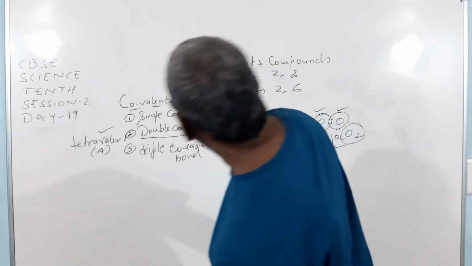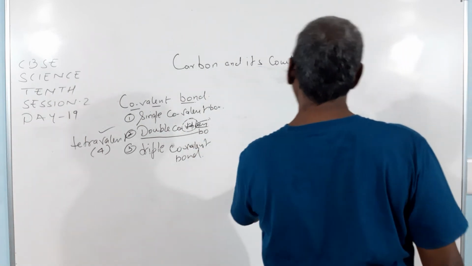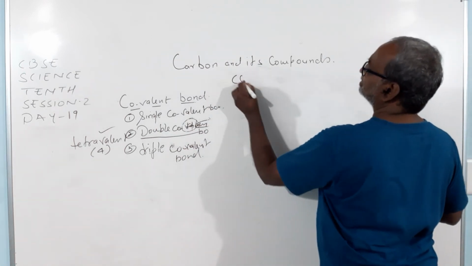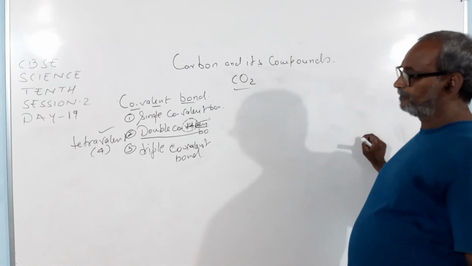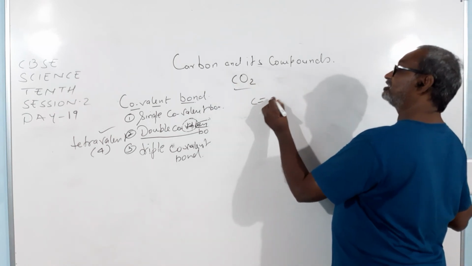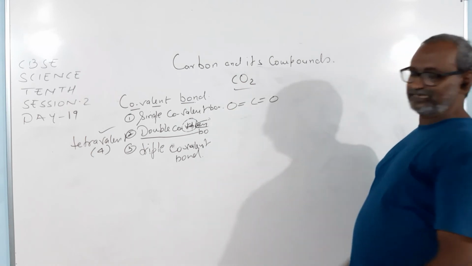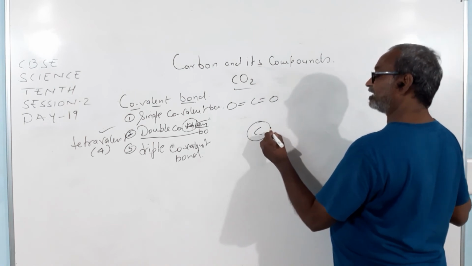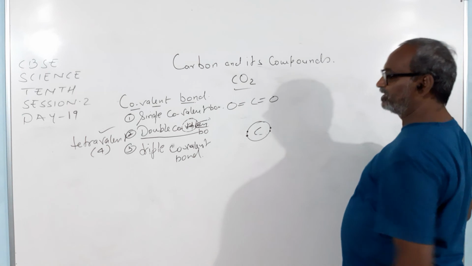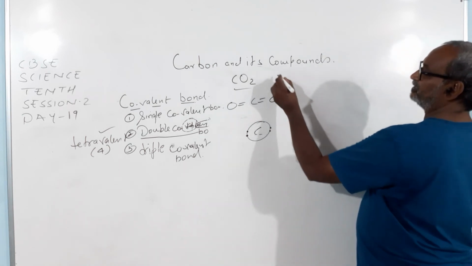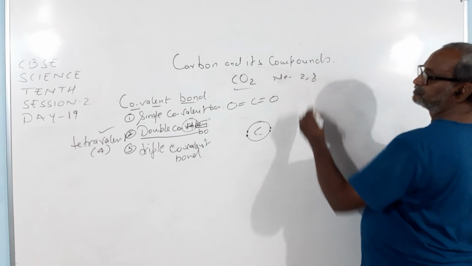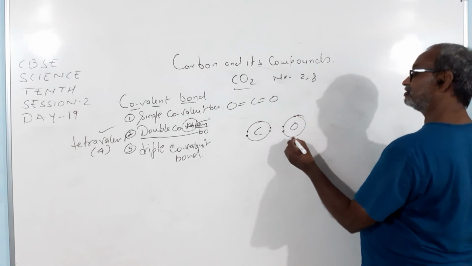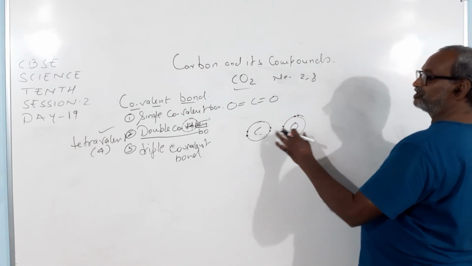Let's see one more example to illustrate it. In carbon dioxide, carbon atom is bonded to 2 oxygen atoms by double covalent bonds. Let's see how. Carbon atom has 4 electrons in its outermost orbit and it requires 4 electrons to complete its octet and acquire the stable configuration of neon. Oxygen atom has 6 electrons and it requires 2 electrons to complete its octet.